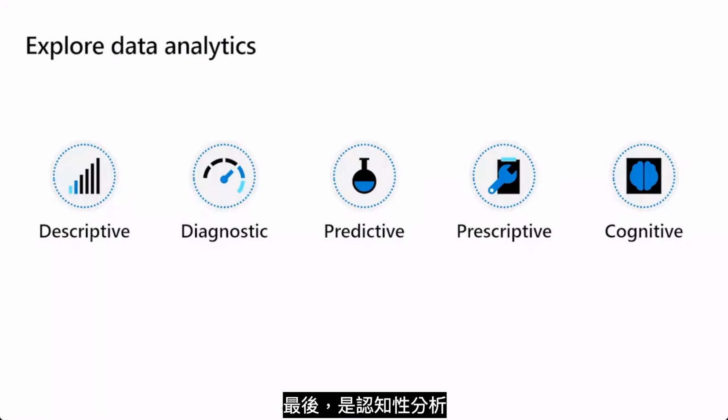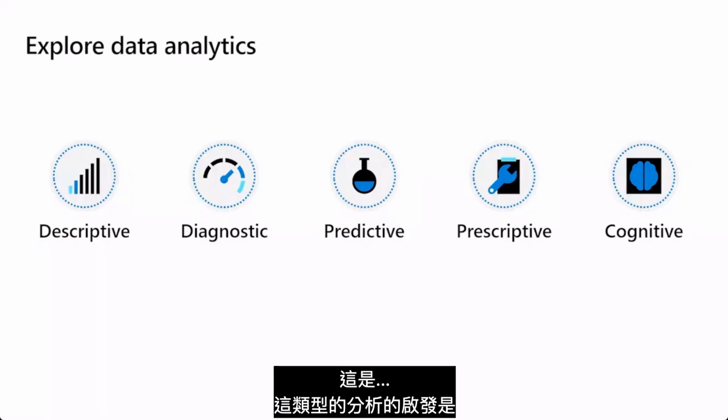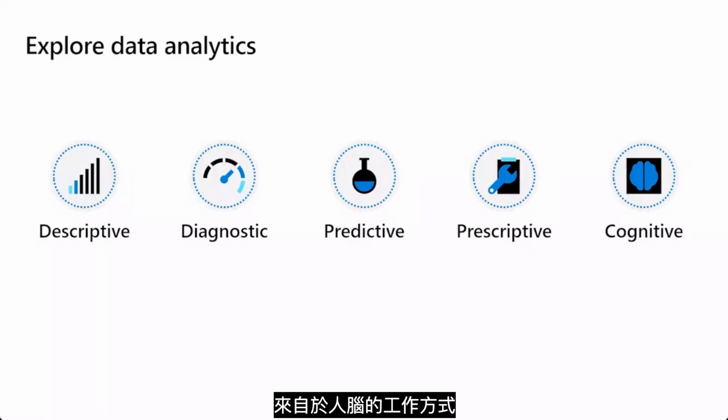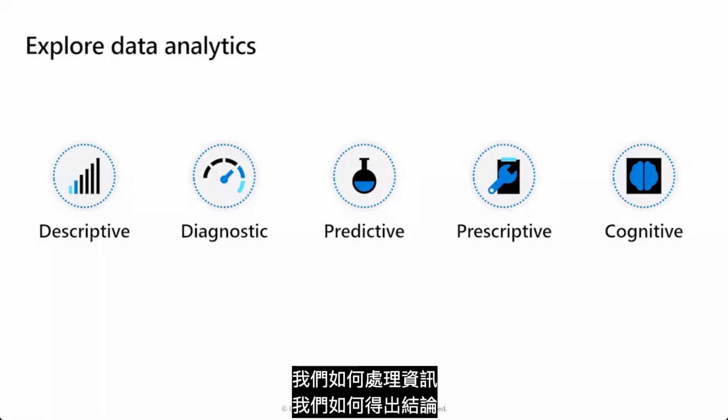And finally, cognitive analytics. Now, this type of analytics is inspired by how the human brain works. So how we process information, how we draw conclusions, how we codify instincts and experiences into learning and understanding.